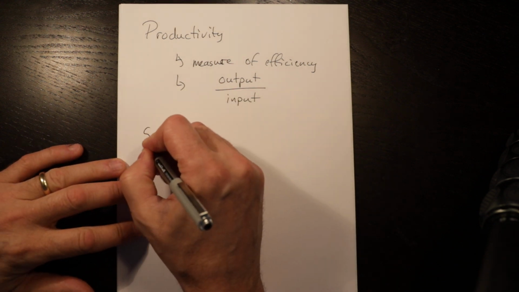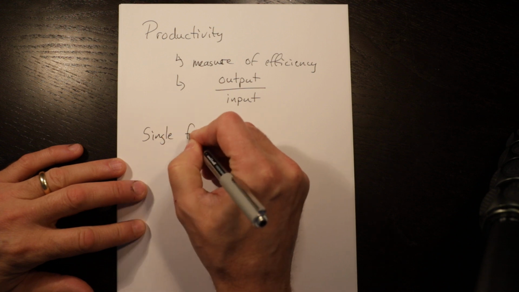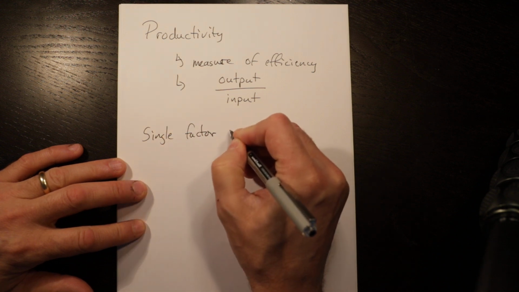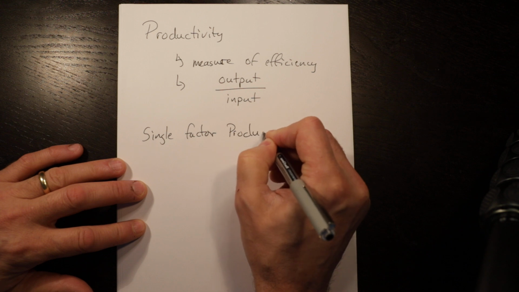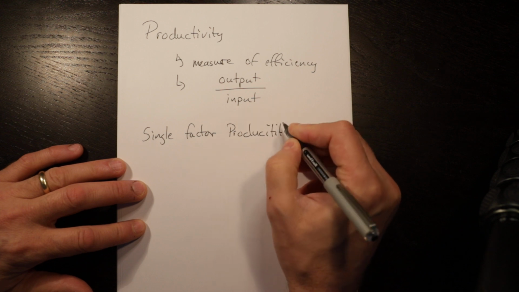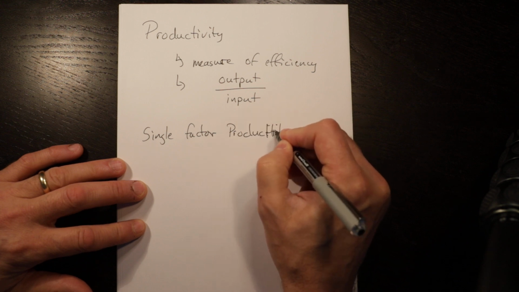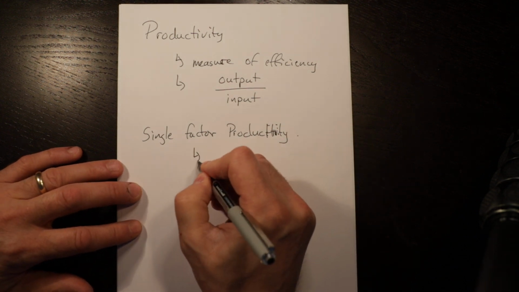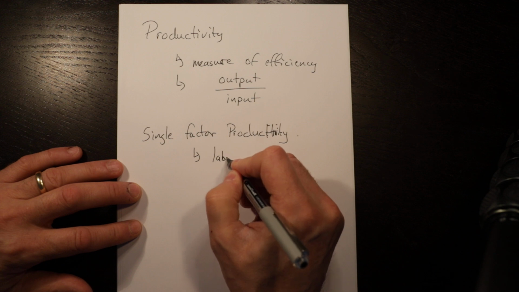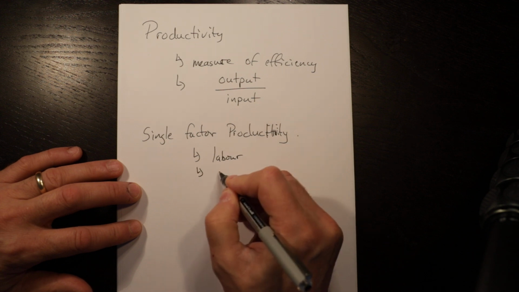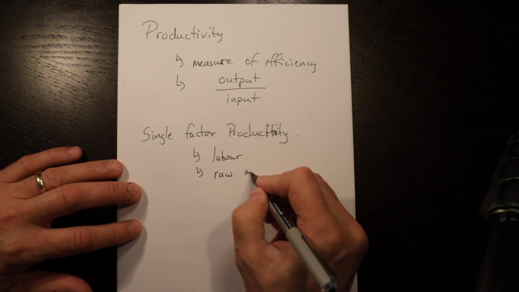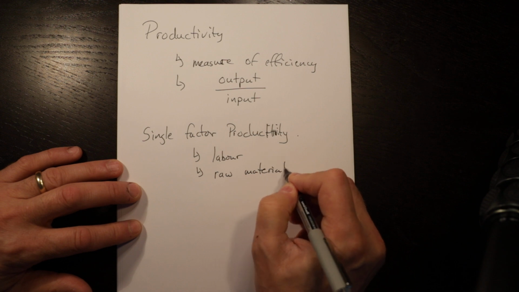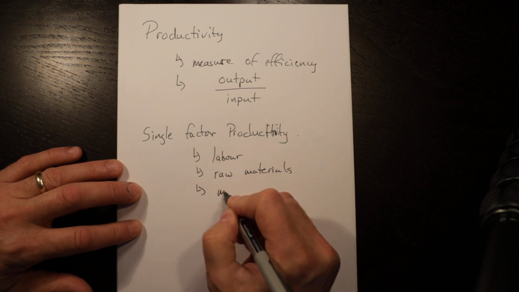There are multiple things we can do. There is single factor productivity, which uses individual factors of production like labor, raw materials, management.